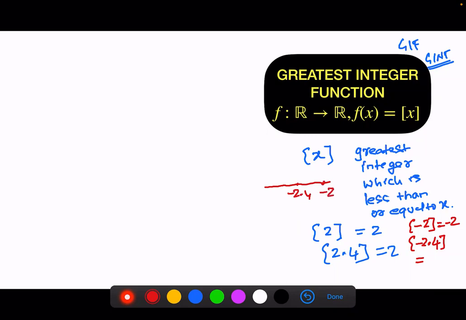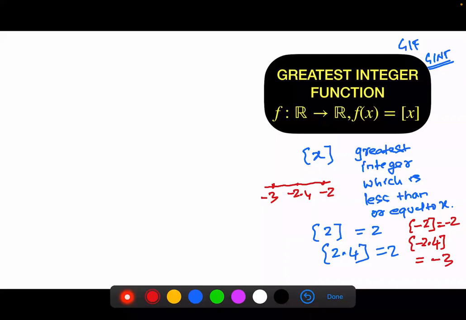You need an integer which is smaller than minus 2.4. What will this be? Minus 3. Yes, very good. It will be minus 3. You guys understand?